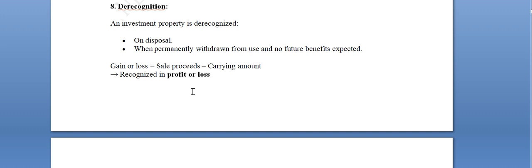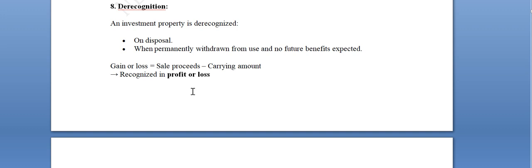For instance, you held a land or you bought a building and then you kept it, let's say, for 2 years so that you can get more money on it. But after 1 year, 2 months, you discover that you need to use it for an office space. You convert it to an office space.